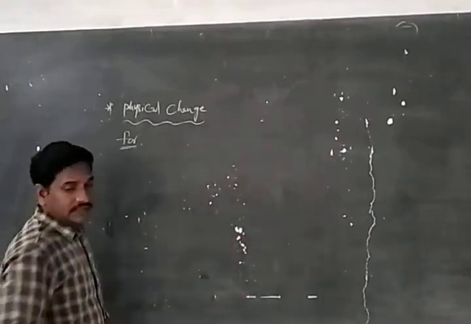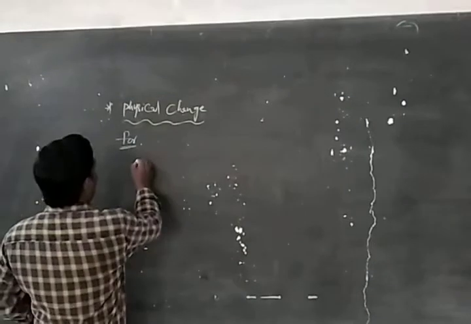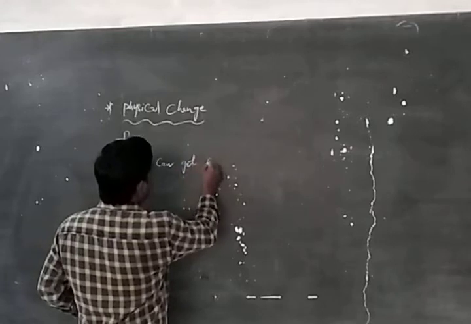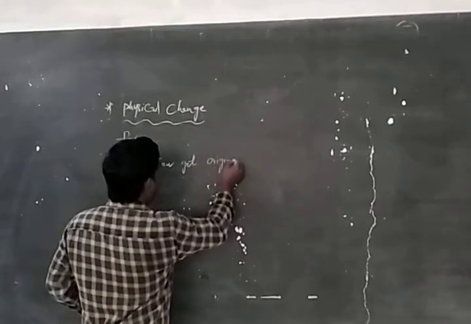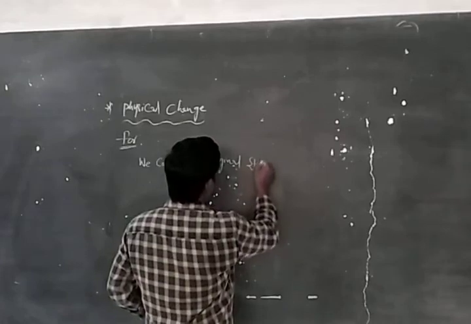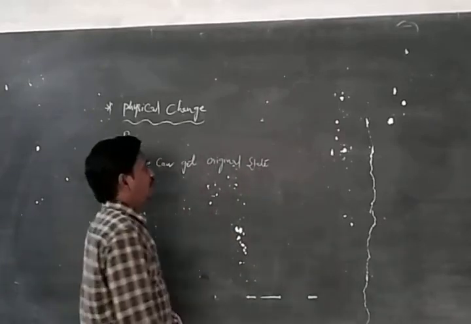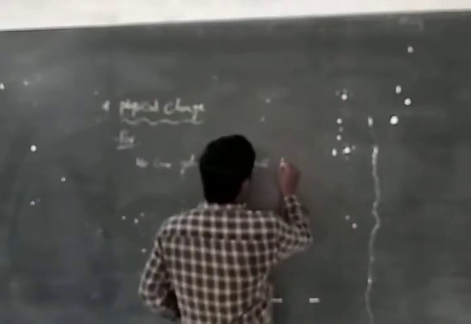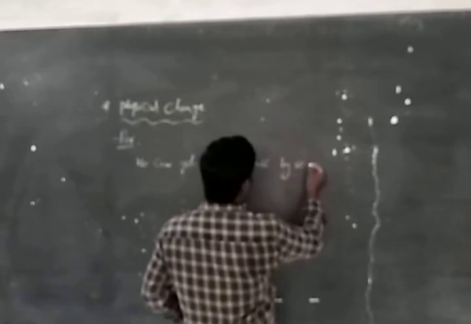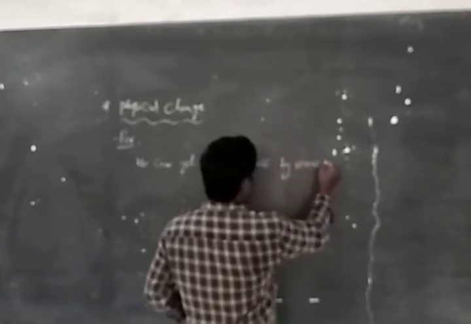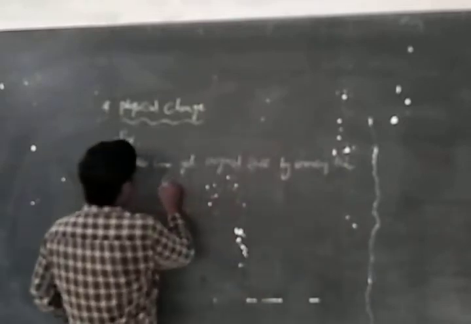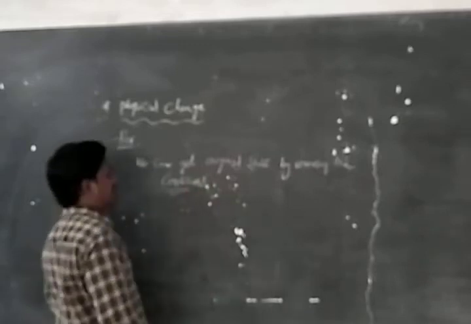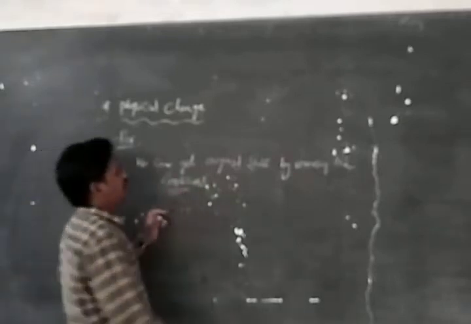Okay. We can get the original state by reversing the conditions. So we can get the original state.